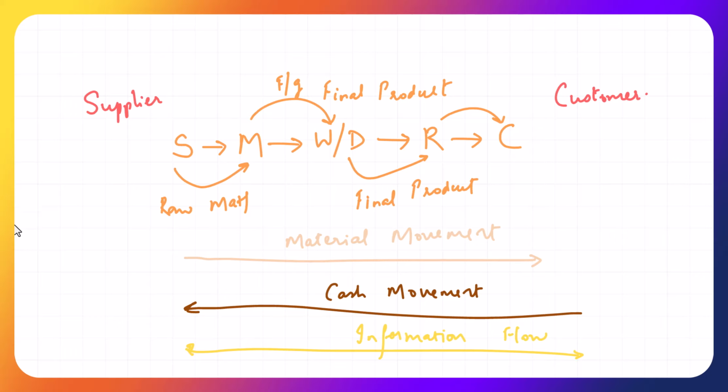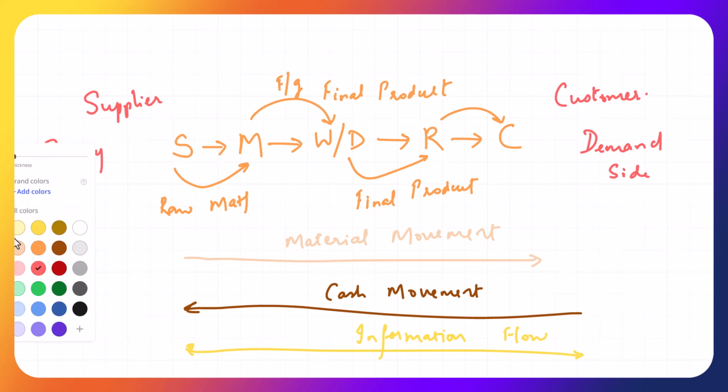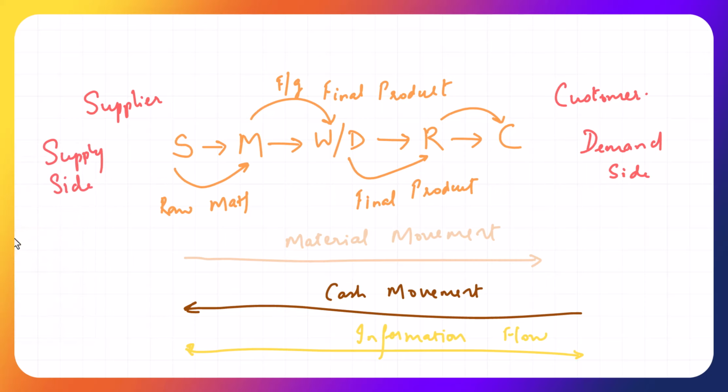In this process, the supply side is where the supply is going to come from. That is where supply management comes in, and then there is the demand side through which the demand is going to get generated, which is again from the customer.